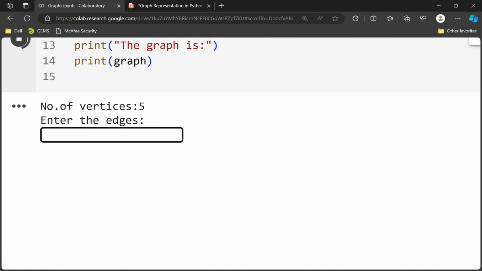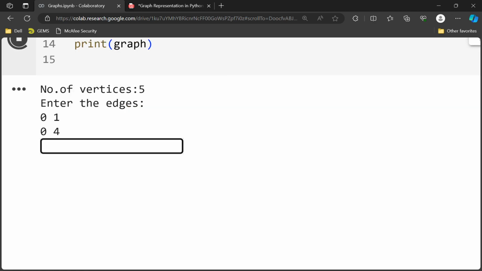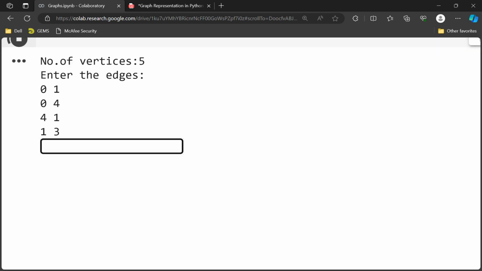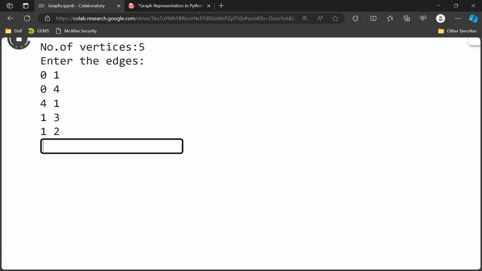The edges are: 0, 1 is one edge, 0, 4 the second edge, 4, 1 the third one, 1, 3 the fourth one, 1, 2 the fifth one, 3, 2 the sixth one. And is anything left over here? 4, 0. Yes, 0, 4 is given.